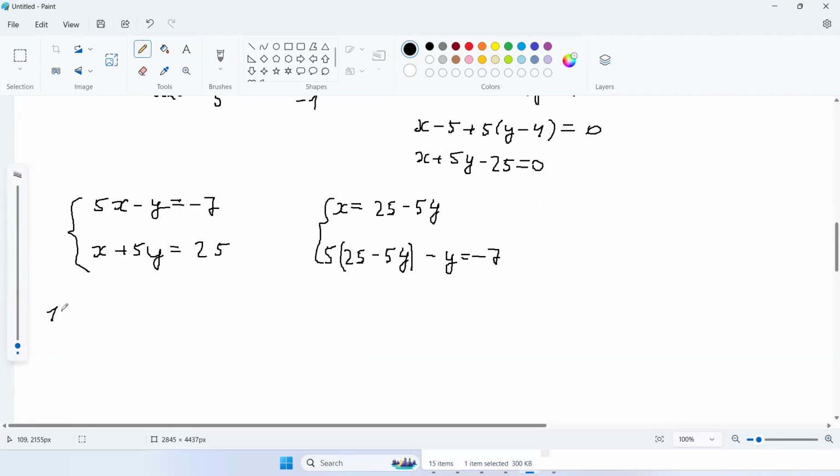Okay, so 125 minus 25y minus y equals minus 7.